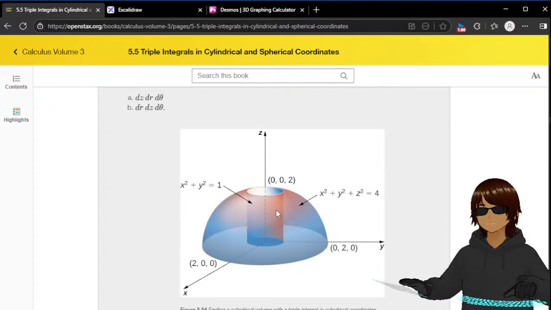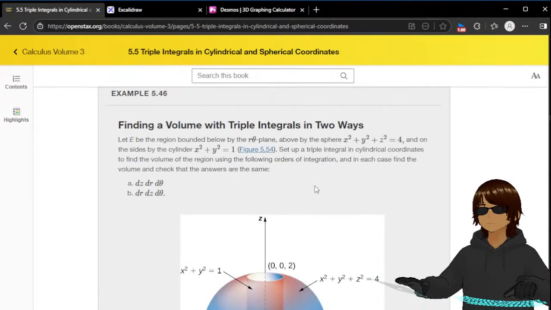We need these, right? X squared plus y squared is r squared. So z squared is 4 minus r squared. So z should go from 0 to root of 4 minus r squared.